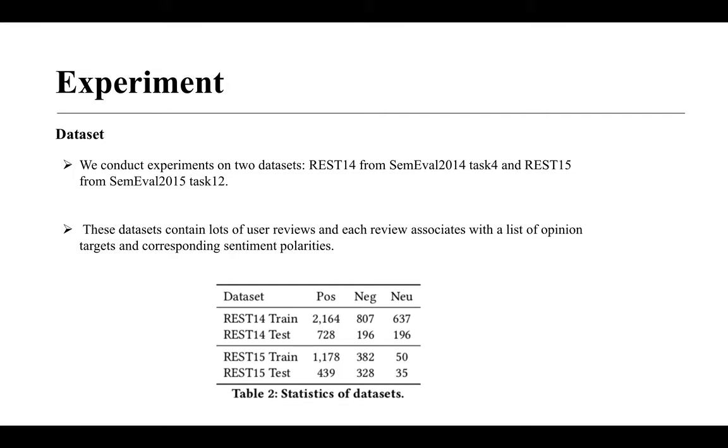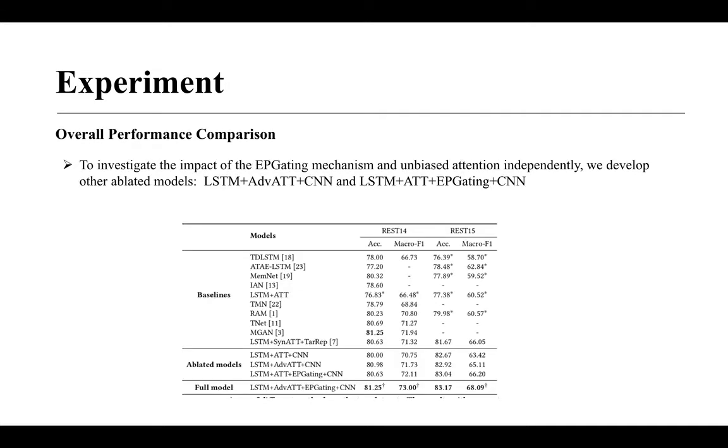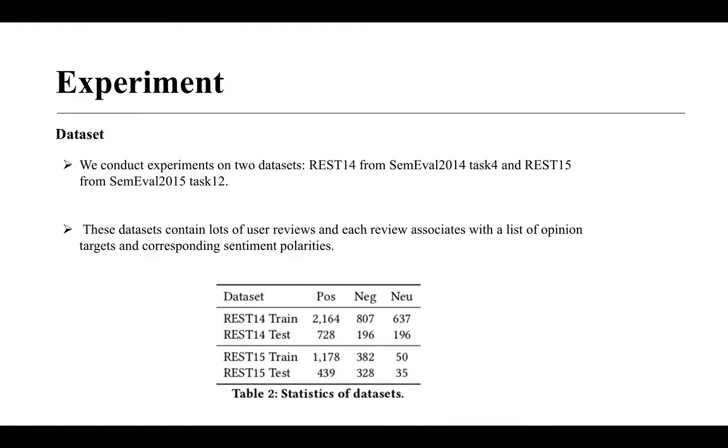These datasets contain a lot of user reviews, and each review associates with a list of opinion targets and corresponding sentiment polarities. The statistics of the datasets are shown in Table 2.